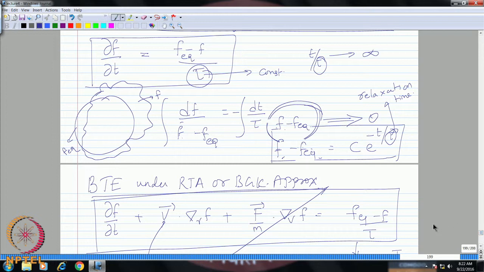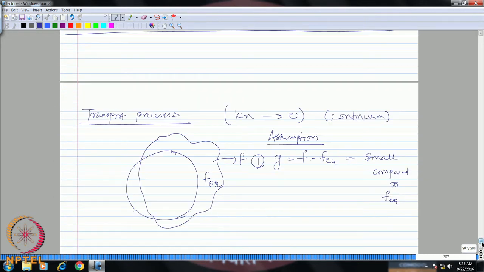Otherwise, this has to be solved numerically. Strictly speaking, this is an integro-differential equation. That means, it is a partial differential equation, and f equilibrium we can write as an integral of a certain distribution function. So, this becomes an integro-differential equation and we cannot find a simple analytical solution to this. So, we have to bring in these assumptions.